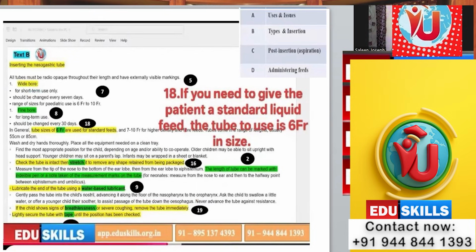18. If you need to give the patient a standard liquid feed, the tube to use is dash in size. So our keywords are standard liquid feed, then size of the tube. They're asking here about the size of the tube. So we have to go directly to paragraph B, which tells us about the types and insertion.